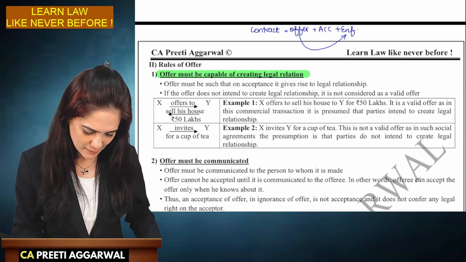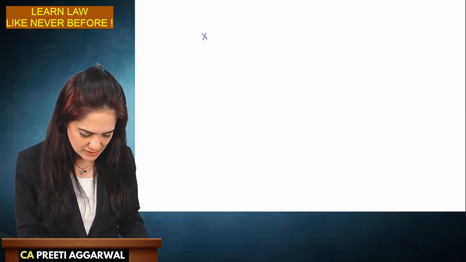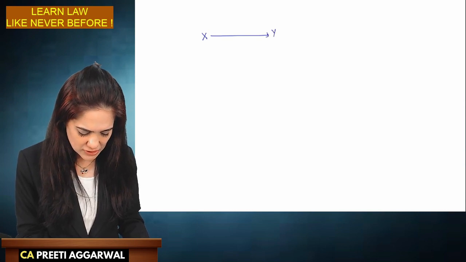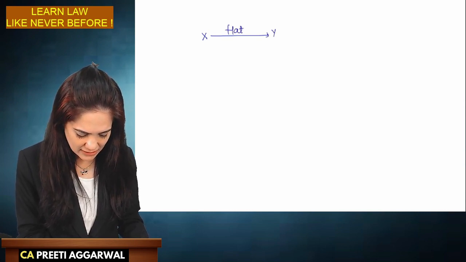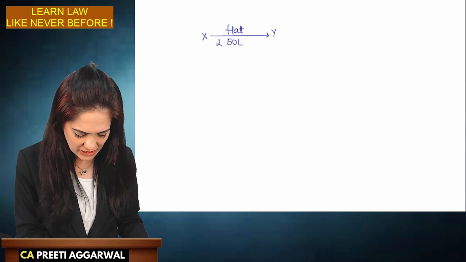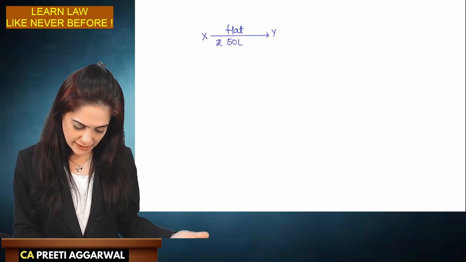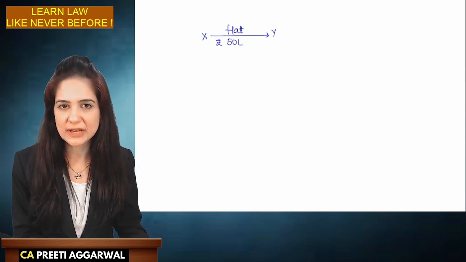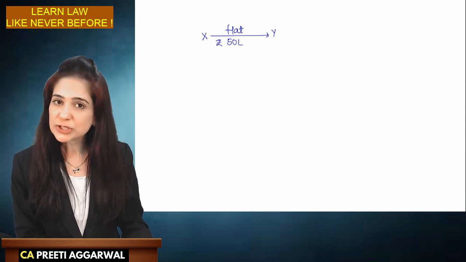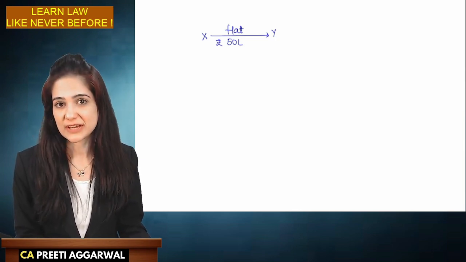Now, let me give you an example to understand this concept better. Let's say that X offered to sell his flat to Y for 50 lakhs. Will this be a valid offer? Yes, ma'am, he intends to create a legal relation. It's a commercial transaction. It's a business transaction.